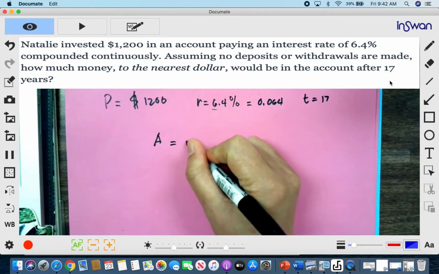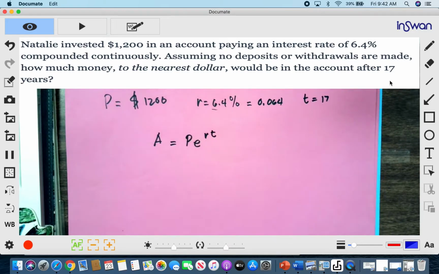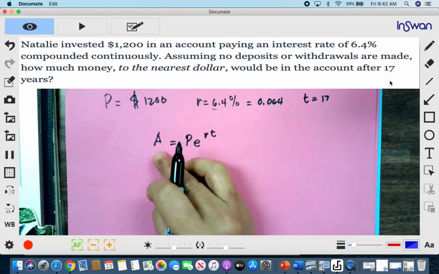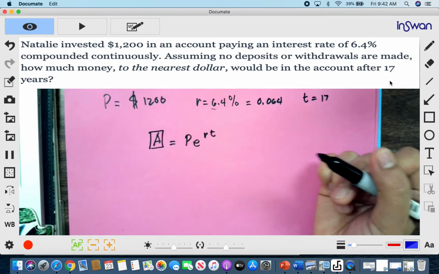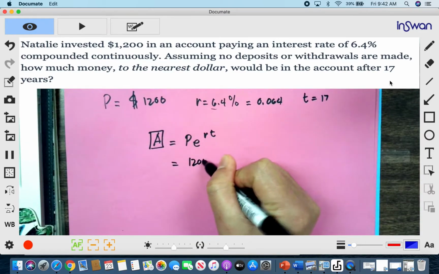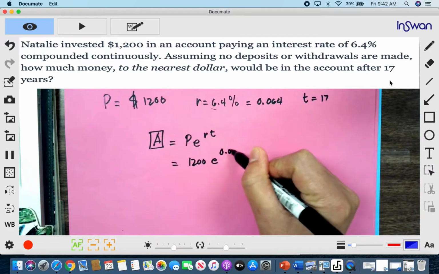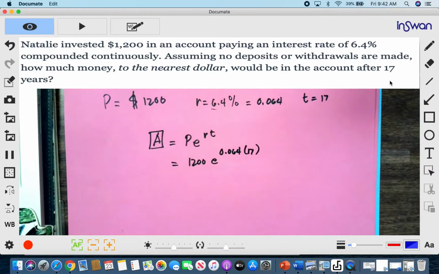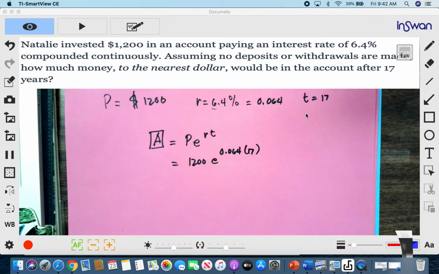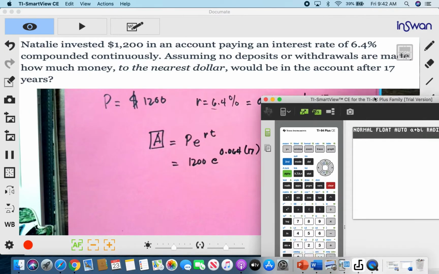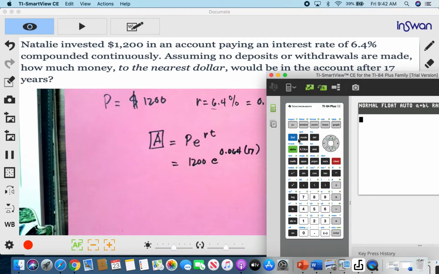Because it is continuously compounding, this will be the formula that we will be using. And our A is supposed to be missing, so we will solve it. Our P is 1,200, e raised to 0.064 times the time, which is 17. So what we do is use the calculator to help us calculate our value, and that's 1,200, then second ln, that's where you can find the value of e, 0.064 times 17.